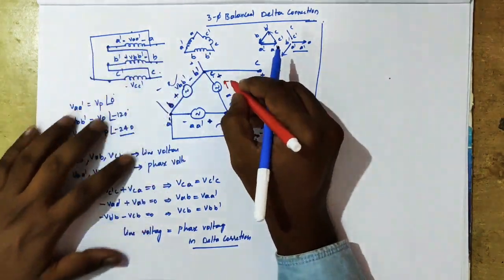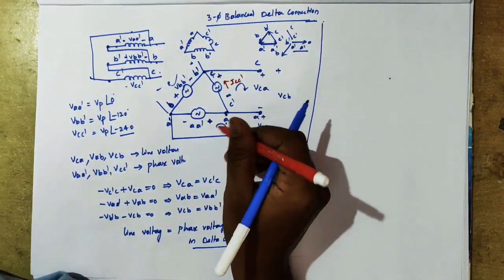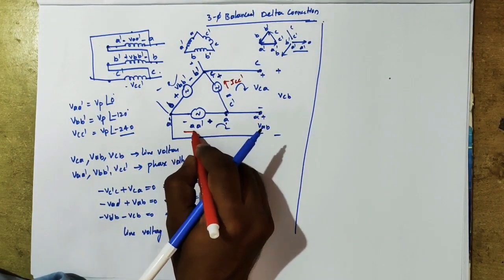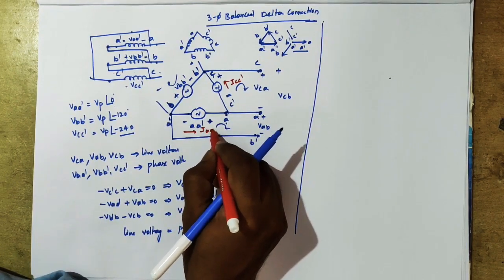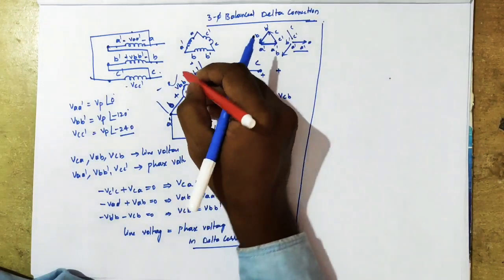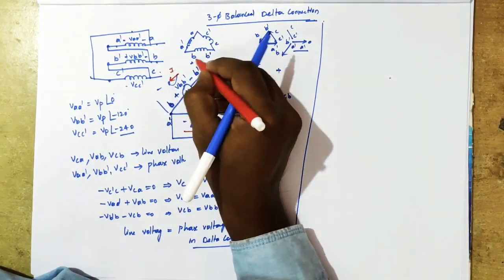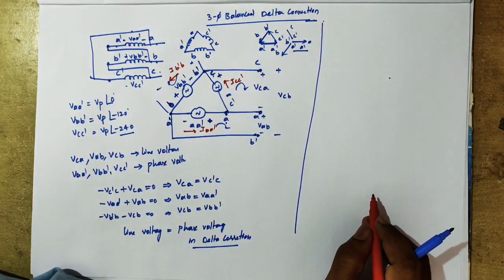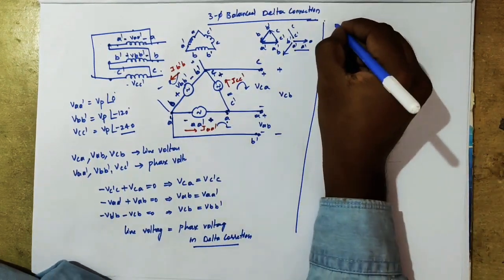Therefore I represent the current here as IC'. The current through A' is IA', and the current downwards is IB'.